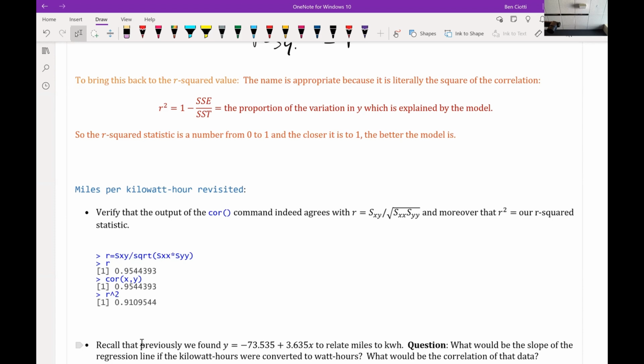How would the slope of the regression line change? And how would the correlation change? So can someone tell me how the slope of the regression line would change?